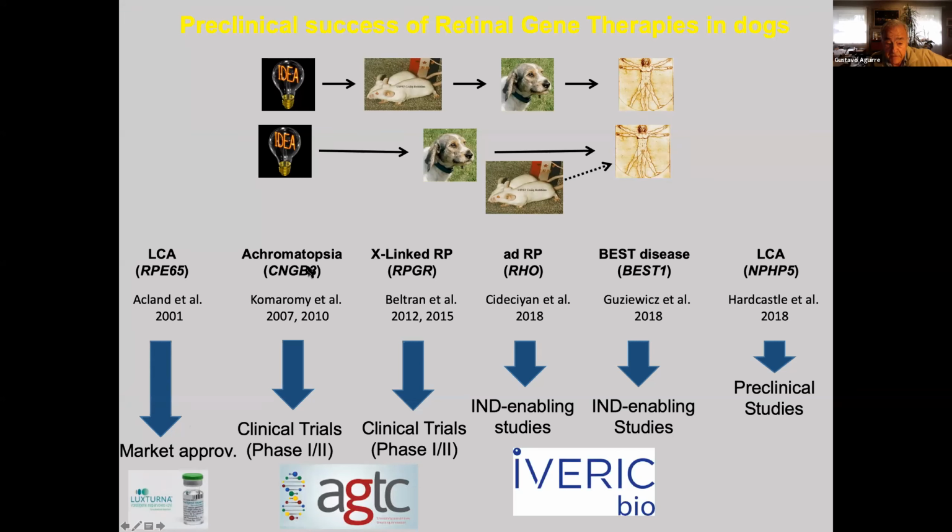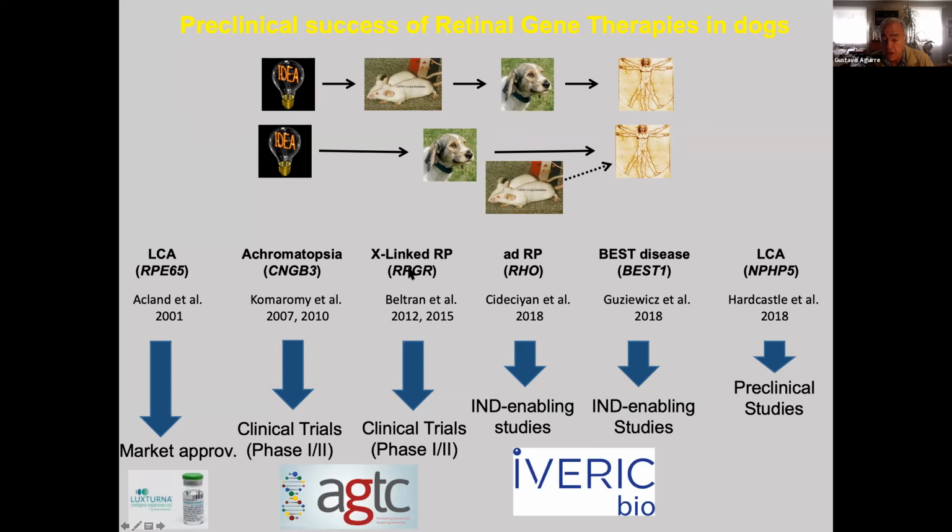In 2007, we showed the proof of concept that achromatopsia, a selective disorder of the cyclic GMP-gated channels in cones, was amenable to gene therapy. That led to what is now a phase 1/2 clinical trial, not only in the US, but in Europe with other groups.